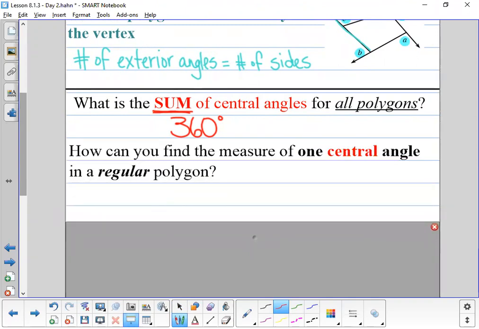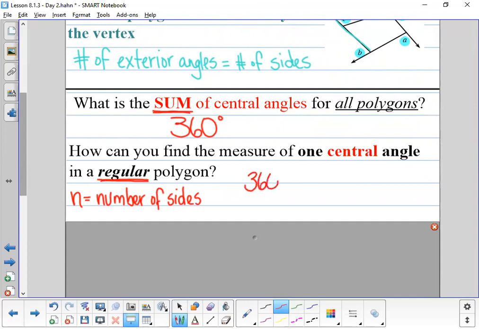What if I want to find one central angle and my polygon is regular? Well, I know that it depends on how many sides your polygon has. So we'll say that n is the number of sides. If my polygon is regular, that means all of my sides and interior angles are equal, but it's also true that the central angles will be equal to each other.